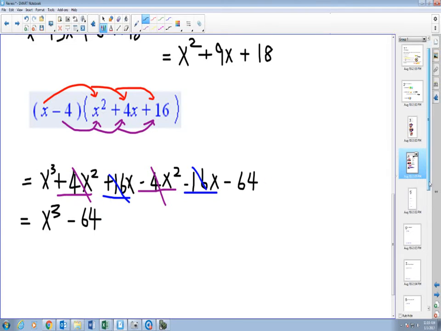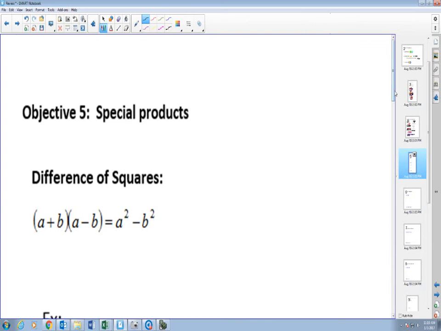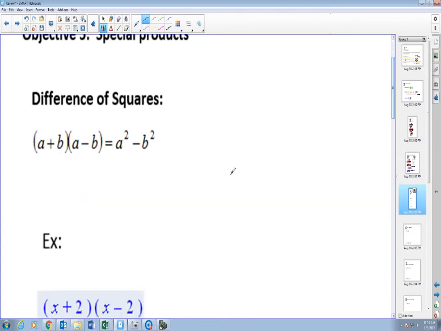Now I want to take a look at what we so-called the special products. In beginning algebra, these are purely memorization type of problems. The first one is called difference of squares. The way you recognize difference of squares is the first thing you see is this is a 2-term times 2-term problem, just like a FOIL method basically.